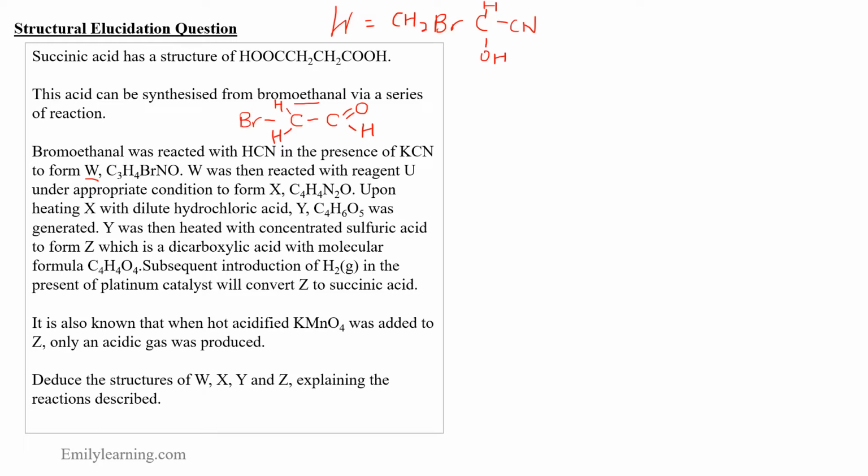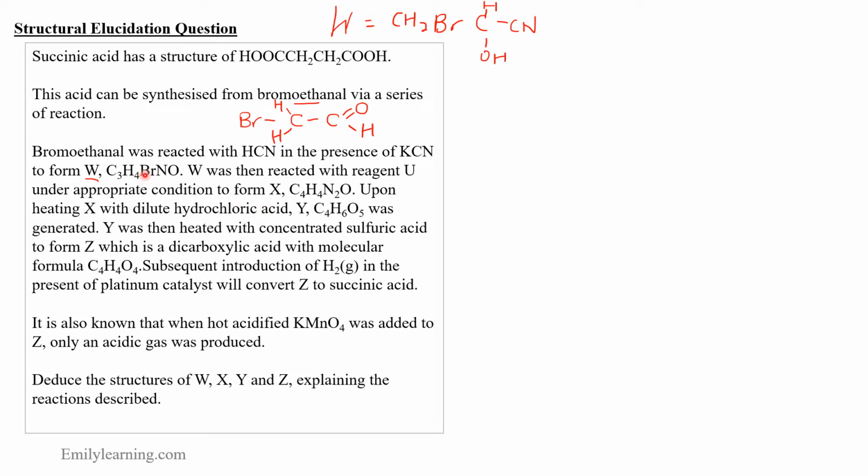Next, W then reacts with reagent U under appropriate conditions to form X, which is C4H2N2O. If you compare C4H2N2O versus C3H4BrNO, you notice that the number of carbons between W and X has increased by 1. Same thing, the number of nitrogens has increased by 1. But I lose the Br. So in other words, to go from W to X, I lose a Br and replace it with CN.